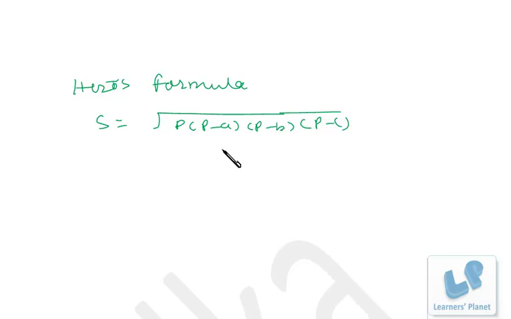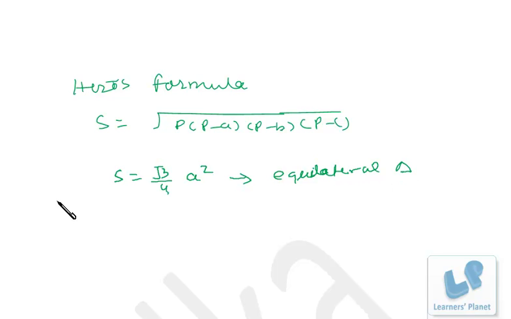Now in the case when A, B and C are equal, that means the triangle is equilateral. In that case, the area will be root 3 by 4 A square, where A is the side of that triangle, right? If you put A is equal to B is equal to C as A, you'll get this expression.